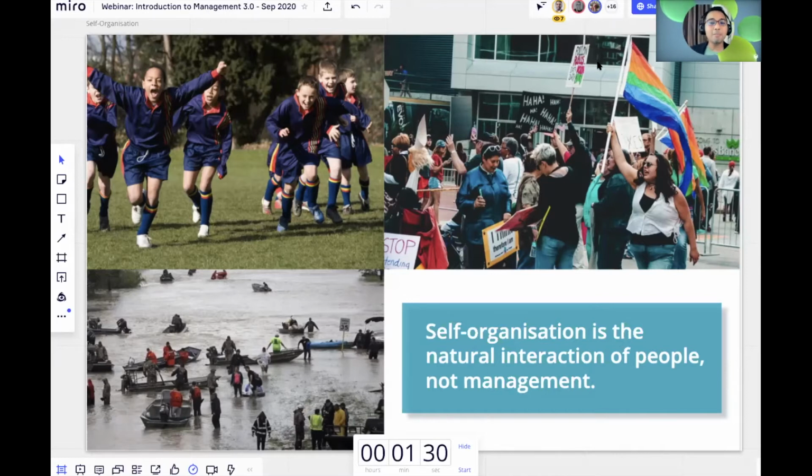Similarly, in times of crisis, for example in a natural disaster, people come together without waiting for anyone to tell them what to do, without waiting for the management, without waiting for a leader. People naturally come together to help make things better. And this other picture is a protest, in riots. Similarly, as we can see in those environments, there aren't hierarchies.